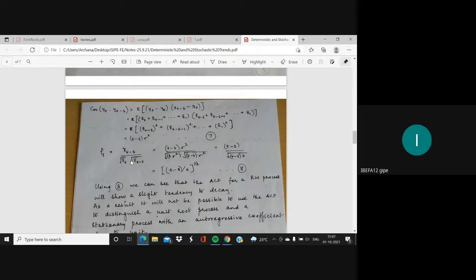So the standard deviation of yt at time t and t minus s, you'll be multiplying those. This is the usual formula for calculating the correlation coefficient. Since the variance is not constant, you'll have to take the standard deviation at time t and t minus s. So if you're calculating the autocorrelation coefficient here and you plug in those values which we calculated earlier on the previous page, it will reduce to this.